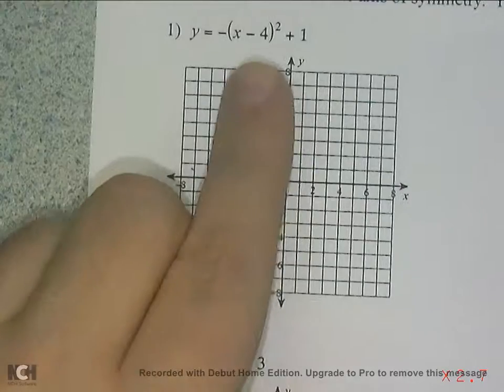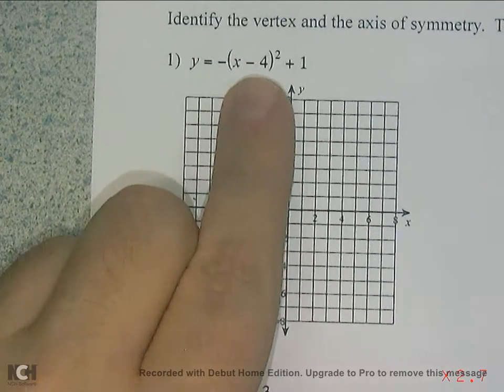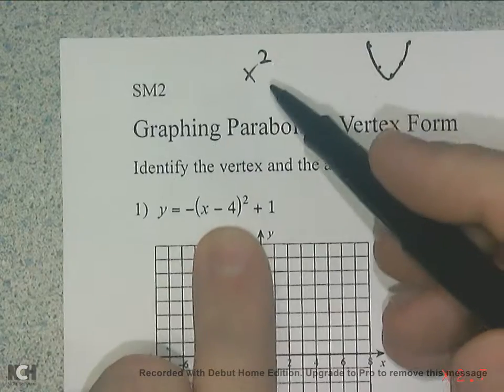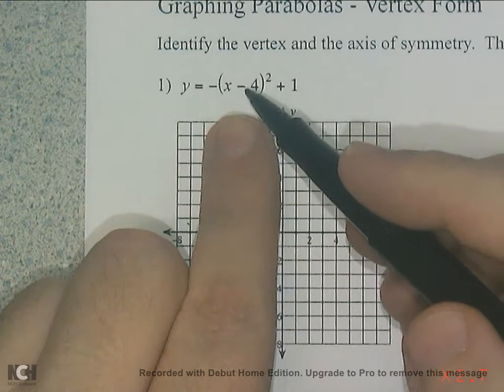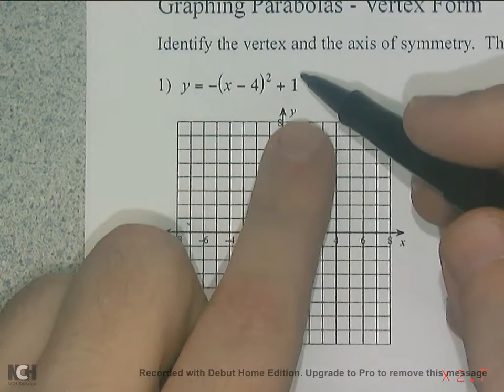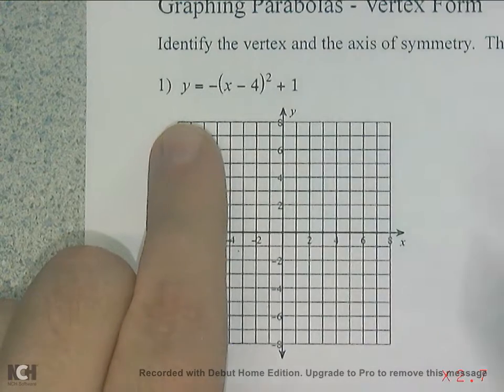So if we look at number 1, I've got 3 things happening to what was normally x squared. If I thought of this as normally x squared, I've added a minus 4 in the parentheses with the x. I've added a 1 afterwards, and I've put a negative in front.